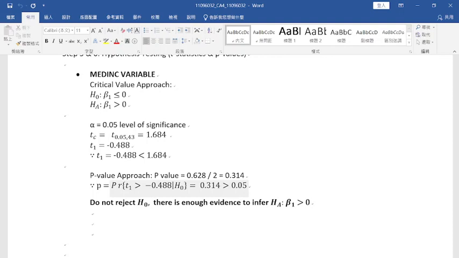Checking the critical value approach, the t-statistic of negative 0.488 falls in the non-rejection region. Also, in the p-value approach, the p-value, 0.628 divided by 2, is equal to 0.314, which is greater than the 5% alpha level of significance. That's why we do not reject.